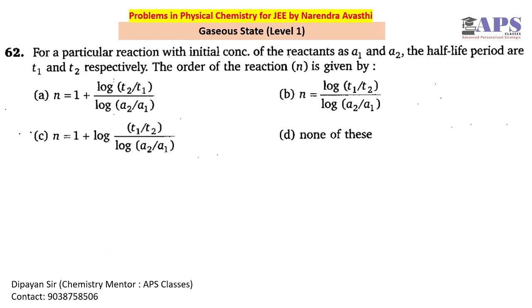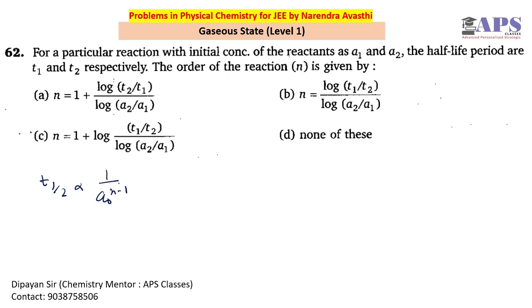Moving forward to question number 62. We have to calculate the order of the reaction. We have the relation that T half is directly proportional to A0 to the power n minus 1.